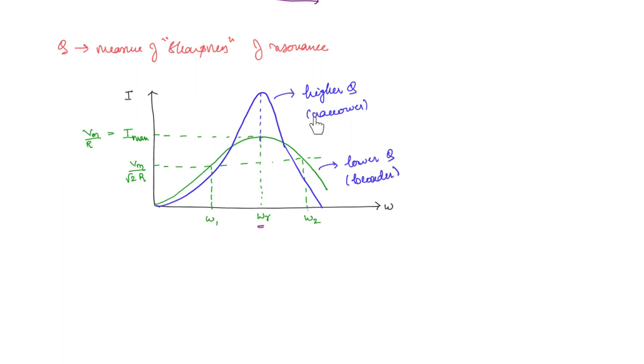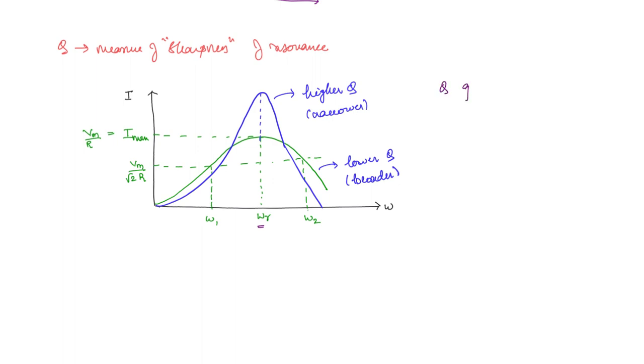You can see that for the narrower curve, the magnitude of current is dropping off at a faster rate, right? Whereas for this, the drop in current with frequency is at a much smaller rate. So that is one way in which you can differentiate between the different quality factors.